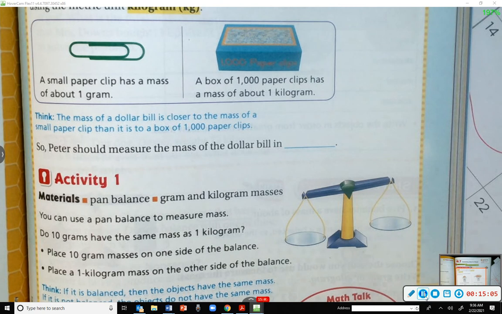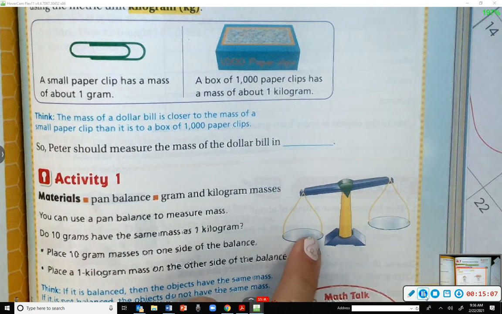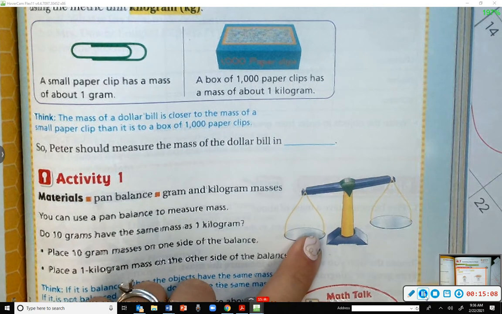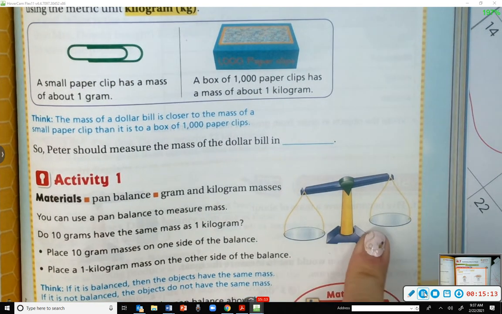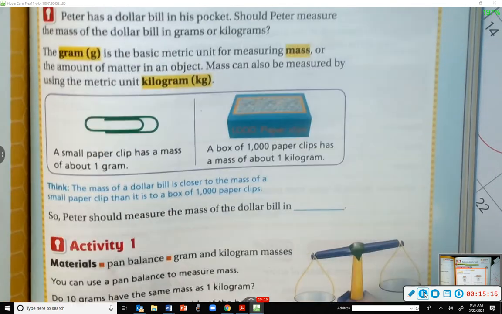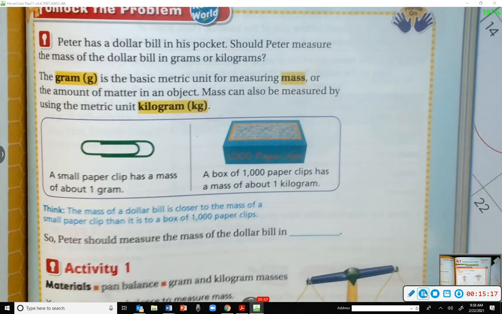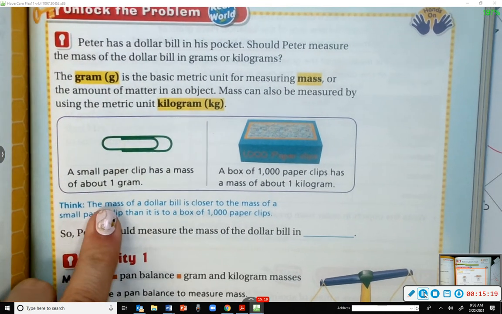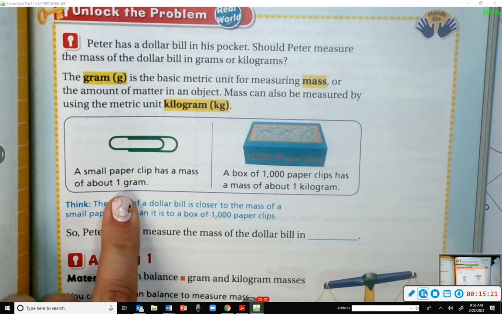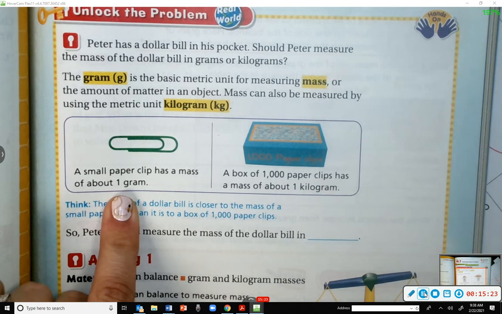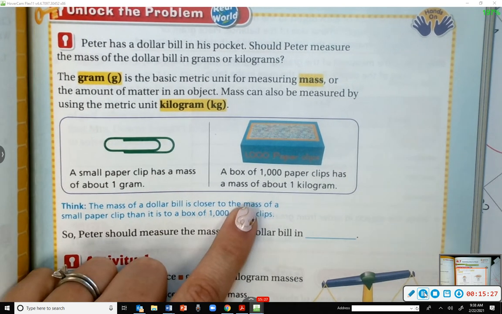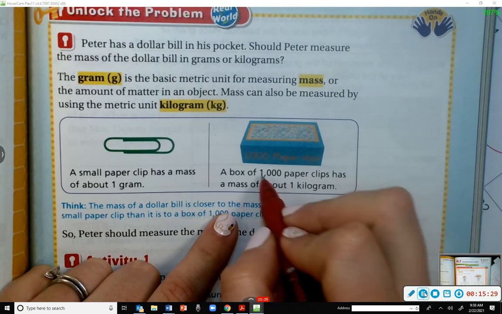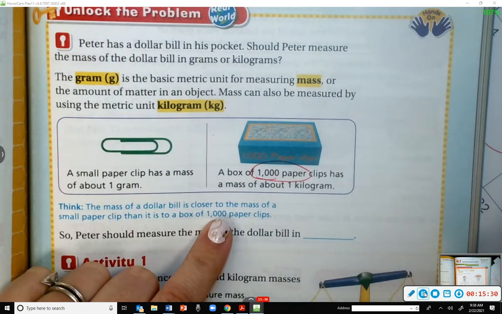Yes. Okay, so mass is typically measured on a balance scale, like this one right here. And we use grams and kilograms. A gram is going to be about the weight of a paper clip. So that's very, very light, right? Very light. A kilogram is 1,000 paper clips.